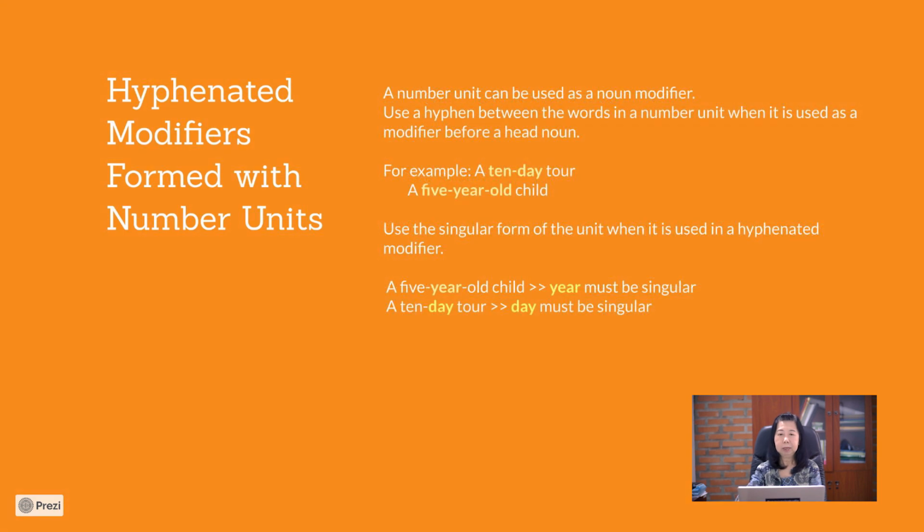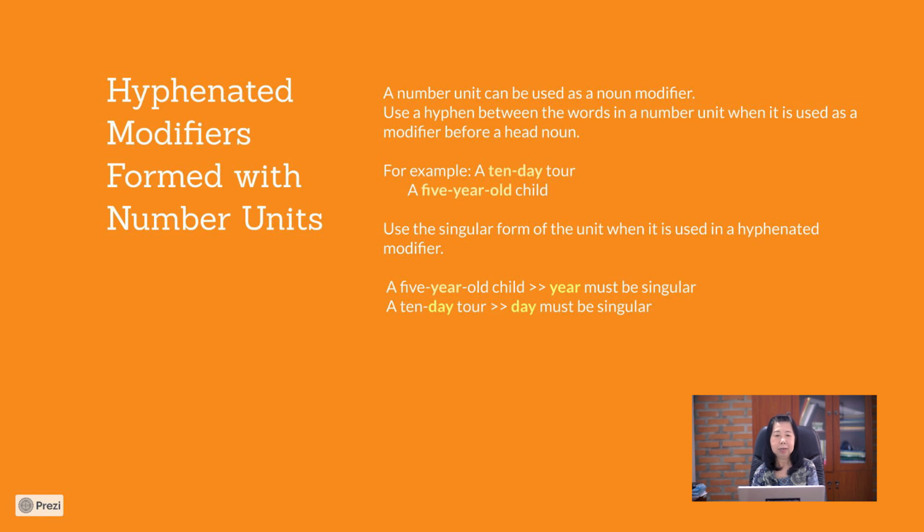Now, what is special with hyphenated modifiers with number units? A number unit can be used as a noun modifier. We have to use a hyphen between the words in a number unit when it is used as a modifier before a head noun. For example, a 10-day tour, a 5-year-old child.